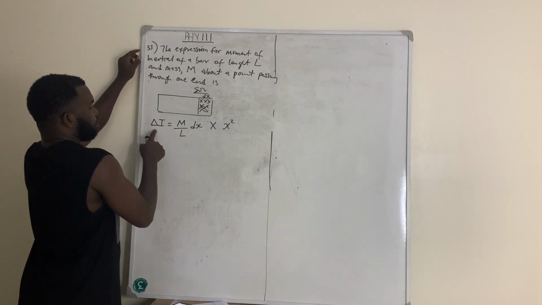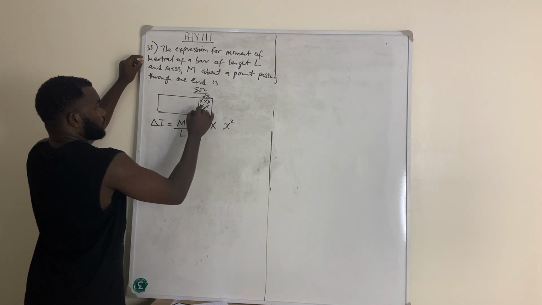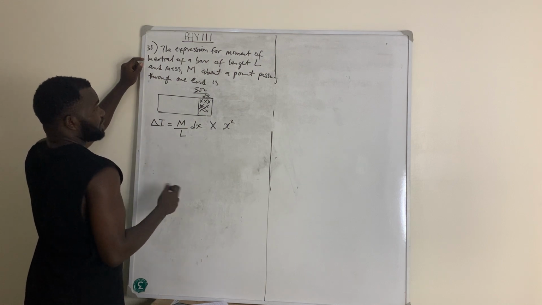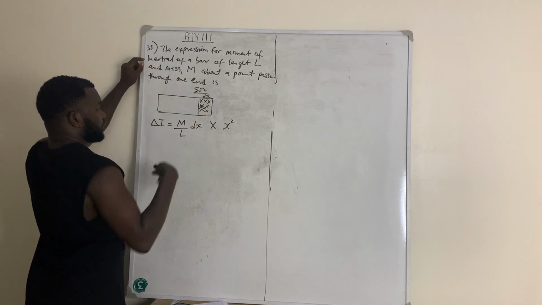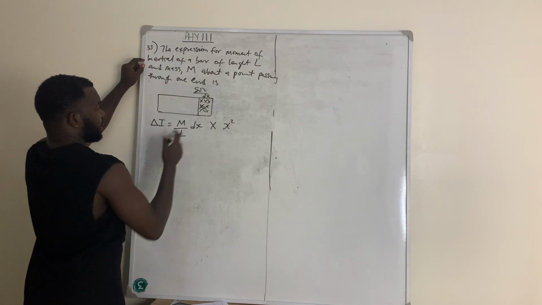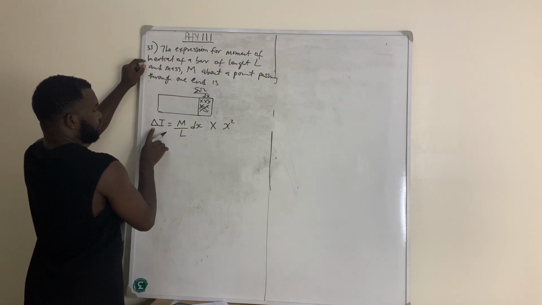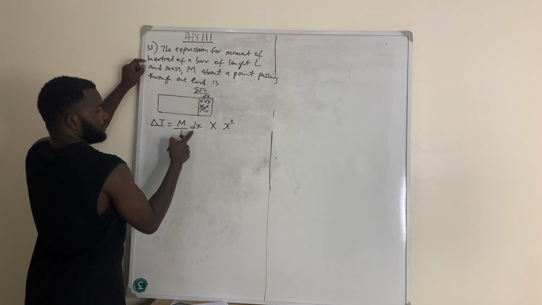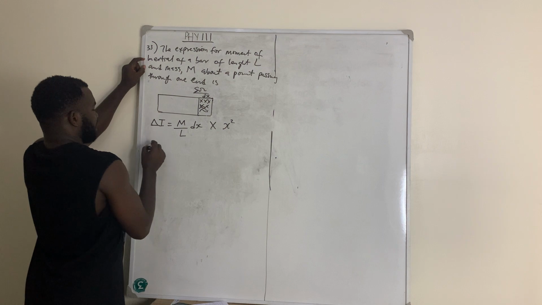I'm just deriving it, but if you don't want to derive it, you can just cram the answer, because this question comes out every year. If it is objective, you just tick it, but if not, you can learn how to derive it. So the change in moment of inertia is m over L dx times x squared.